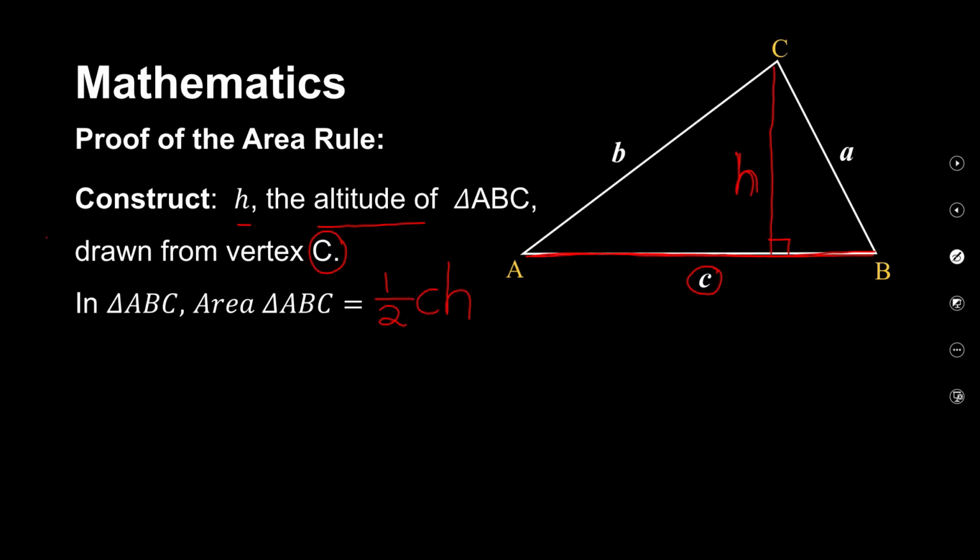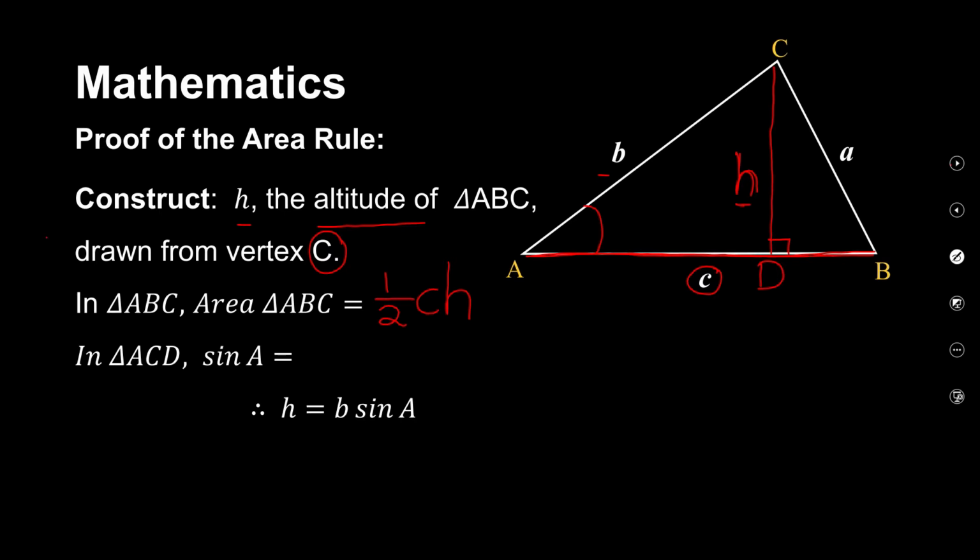Now, looking at this triangle AC, I'm going to label this piece here D. Looking at triangle ACD, we're going to try and find the sine of angle A. And what is sine of angle A? Sine of A is opposite over hypotenuse. So, let's write that down.